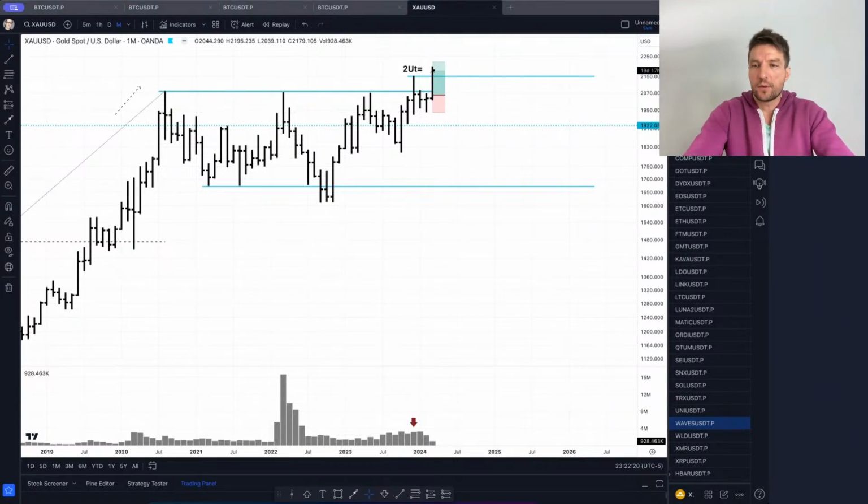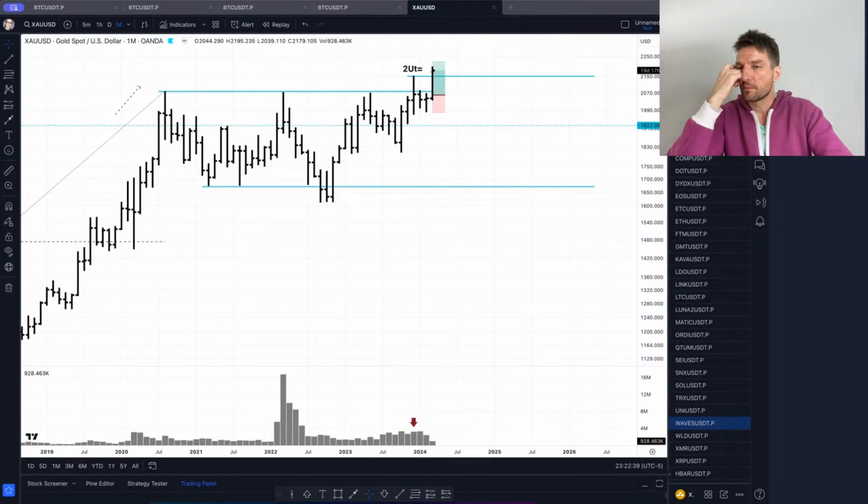If this bar, if March closes above the resistance level and April closes above, with high volume, I'd be careful for reversal or correction.